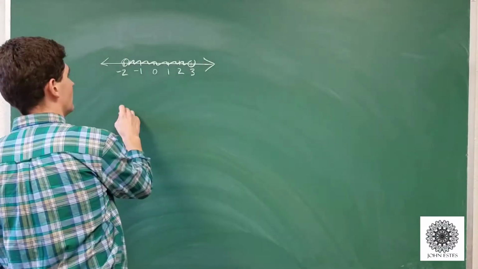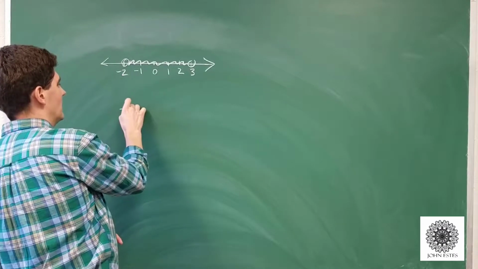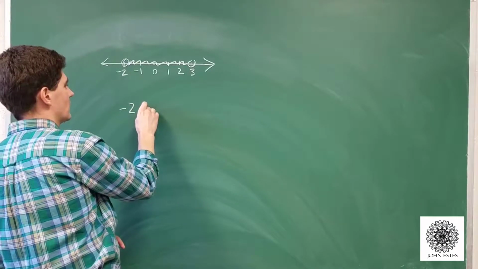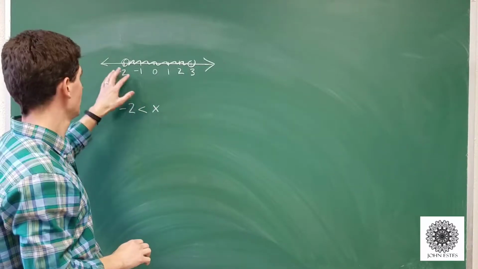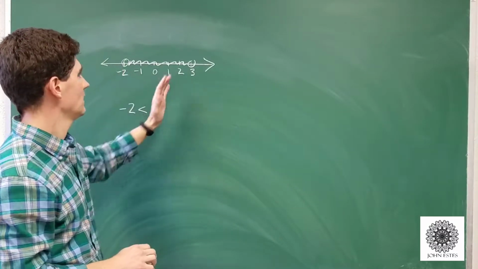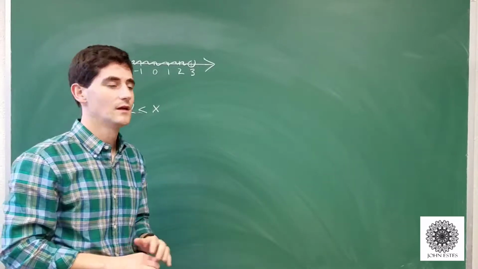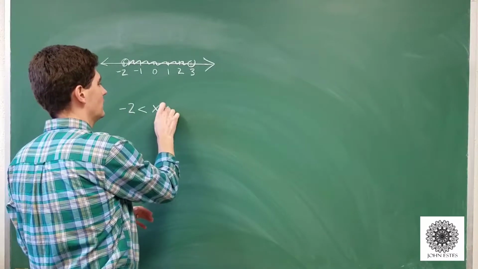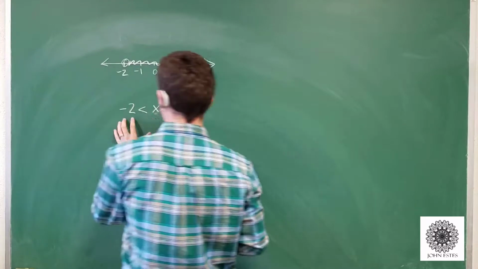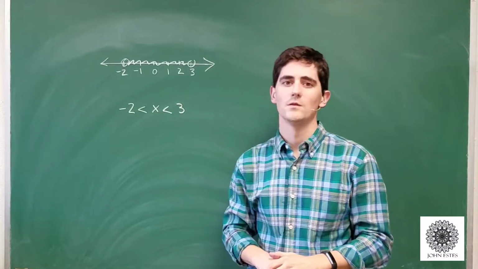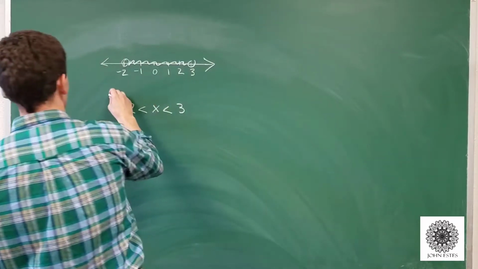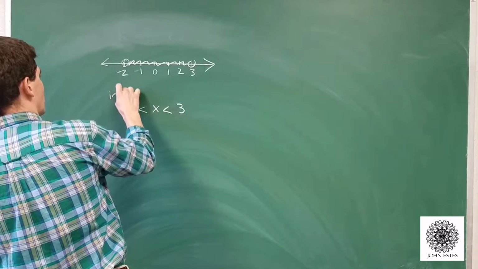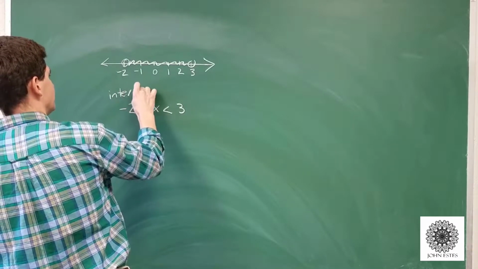I know that all my numbers here are going to be bigger than -2 because all the numbers in this set are to the right of -2 on the number line, but also they're left of 3. So they're caught in between -2 and 3. And so we wrote the set of real numbers according to the number line as what we call an interval.